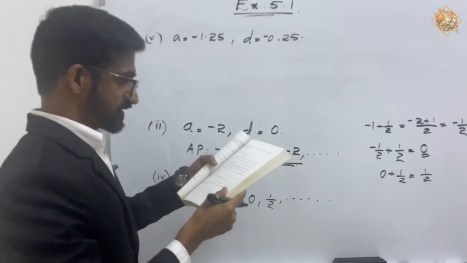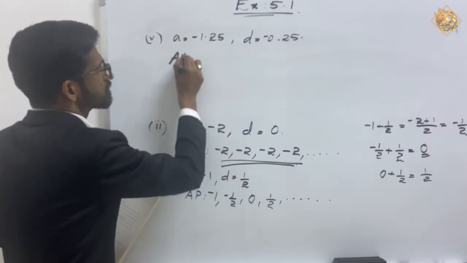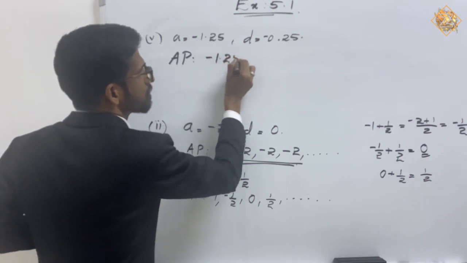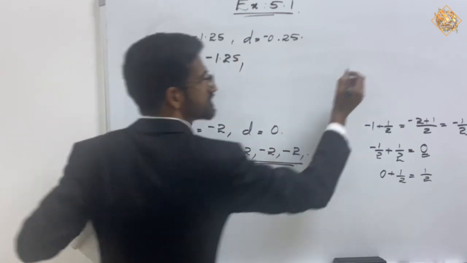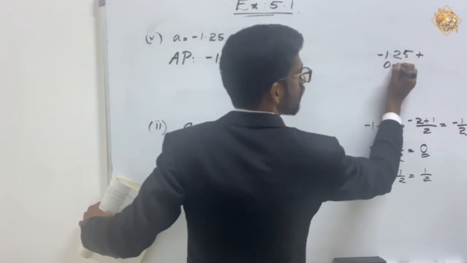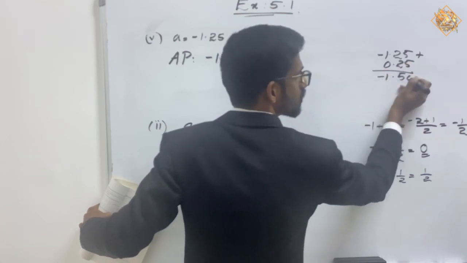Okay, fine. To form the AP, first term. To get the second term, along with the first term, we have to add the common difference. That is minus 1.25 plus 0.25. That will be minus 1.50, isn't it?